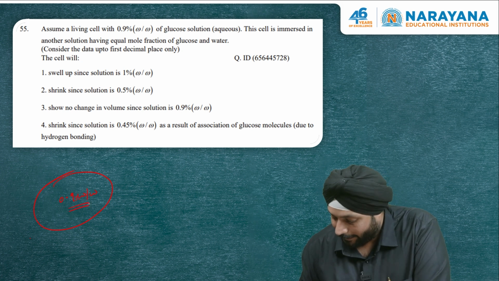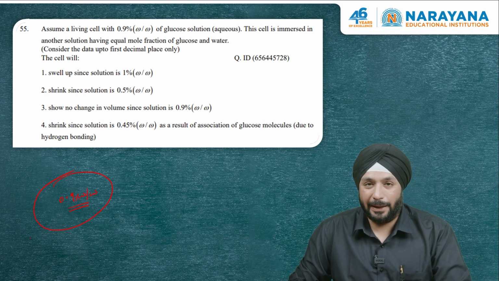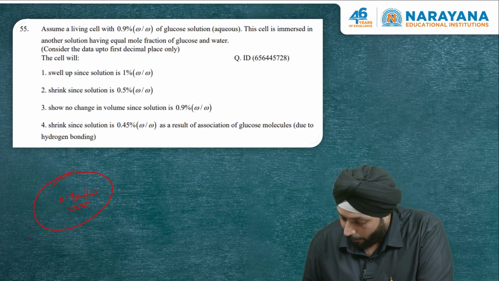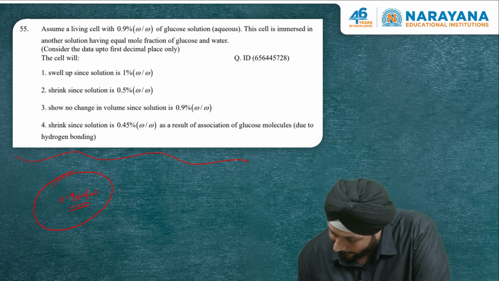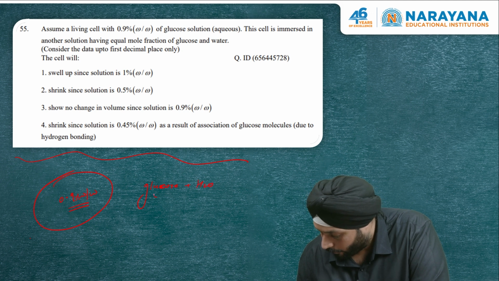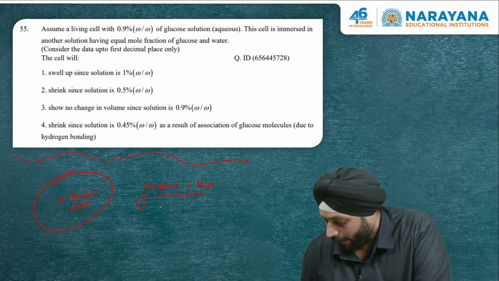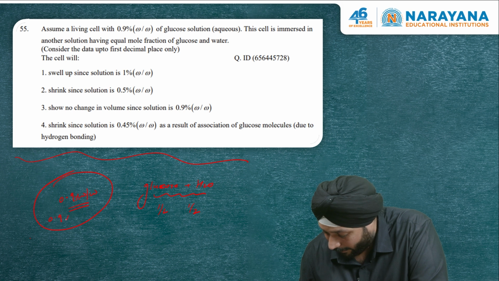Now if this is isotonic with the outer environment of the blood, it is not swelling and not shrinking. Now we are putting this cell into a solution which contains glucose and water, and they have said that they have the same mole fraction, that means half and half. Getting it? So here you have 0.9% weight by weight equivalent glucose solution inside.